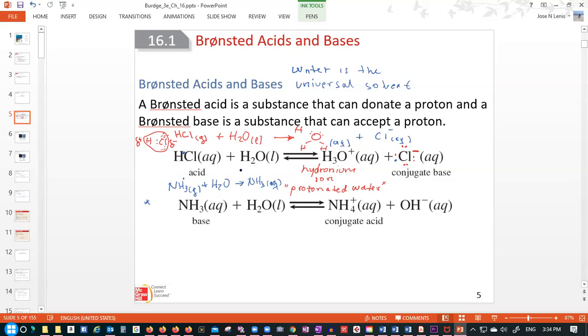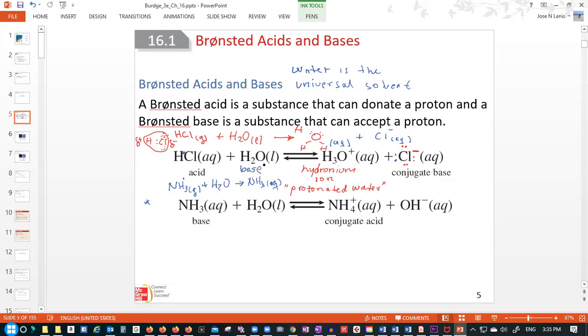Let me go back to the first reaction. If we say this is an acid, because it has this property of giving off protons, what can we say about water? If this is behaving as acid in an acid-base reaction, therefore, we can classify water behaving with basic properties.